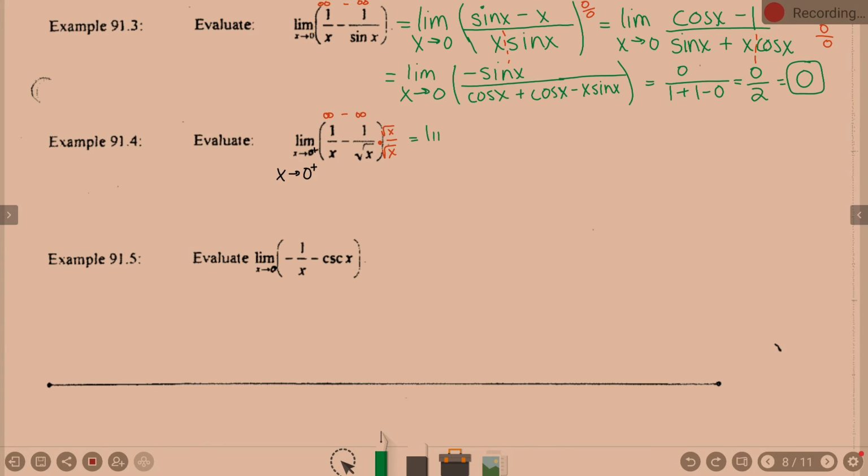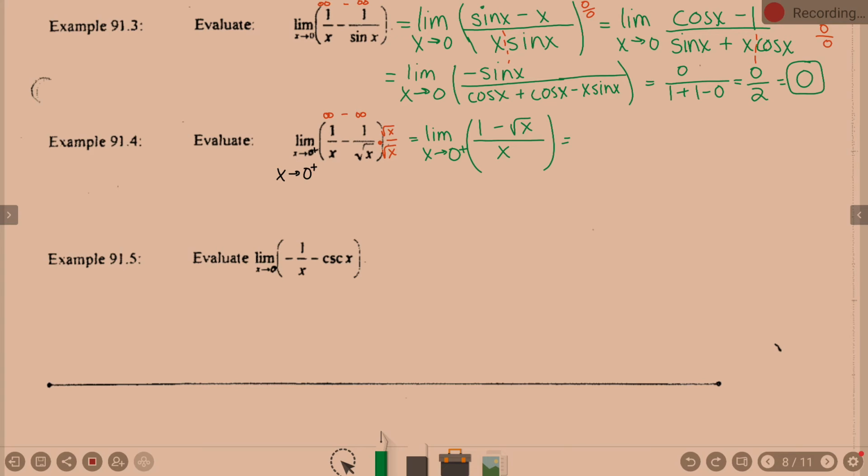the limit as X approaches 0 from the right, common denominator of X. The first fraction already has the common denominator of X, so we're going to have 1 minus, we have to subtract square root of X. The limit as X approaches 0 from the right of 1 minus square root of X over X. Well, what do you got?